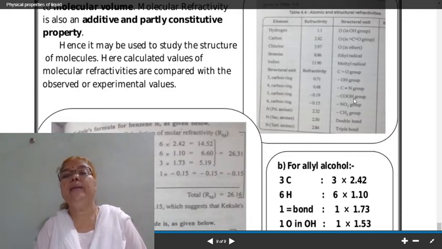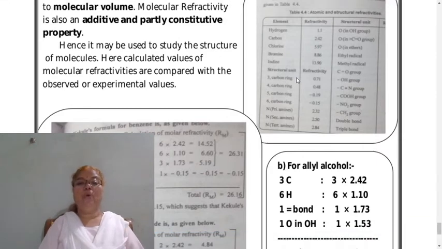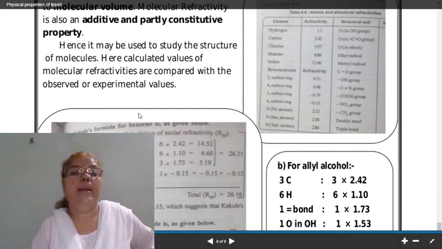Again here there are some structural units and here there are some. This data is given to you. Simply you should focus on how the molar refractivity values are calculated.